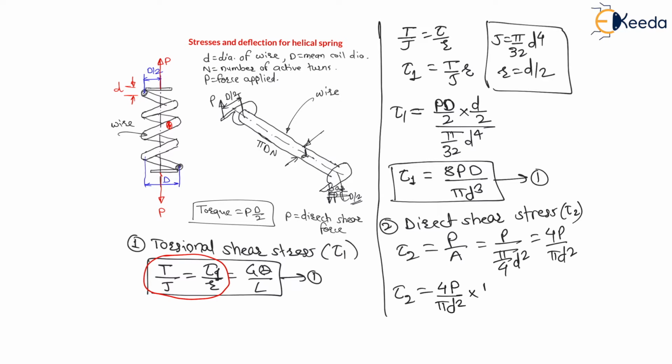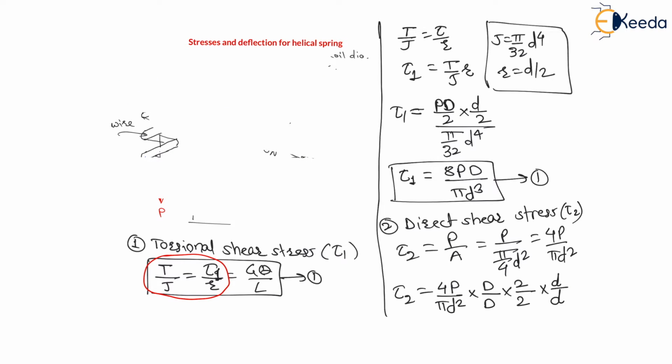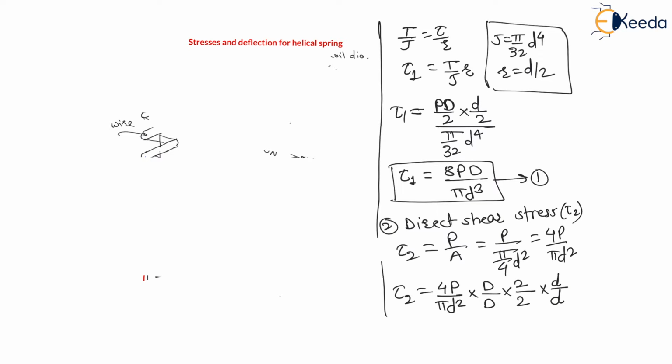Therefore, let us say 4P divided by pi d square. If I multiply with D and divide with D, no problem. Again, if I multiply with 2 and divide with 2, again no problem. And if I multiply with small d and divide with small d, again it is absolutely fine, right? Therefore, let us simplify this.